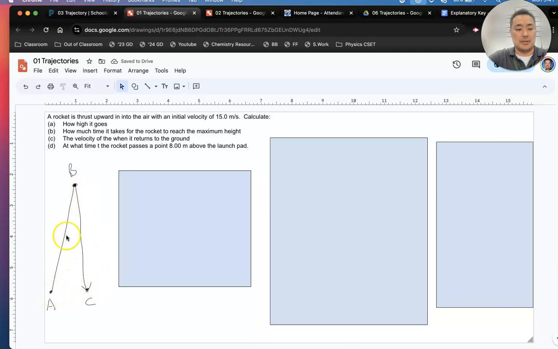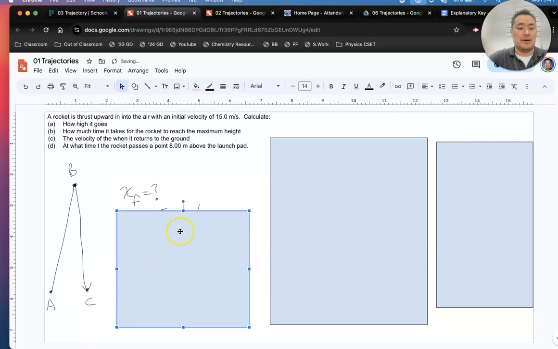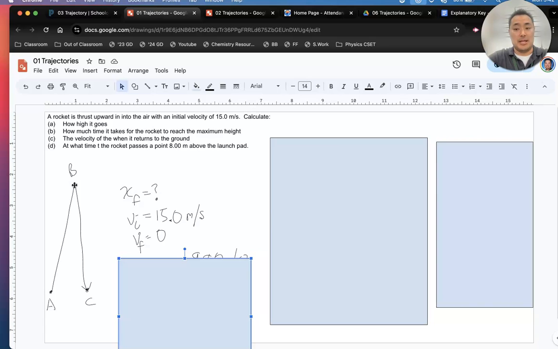A is where the rocket starts, B is where the maximum height is, and the rocket returns to the ground at C. We need to find time, so we're going to find distance, which is the x sub f, and we're given velocity, which is 15.0 meters per second, and the final velocity is 0 because when the rocket reaches the apex, it's no longer moving upwards. It will be 0 for just a moment and then return back to the ground.